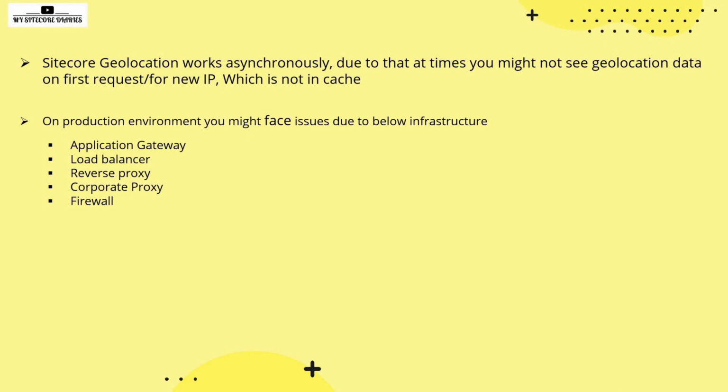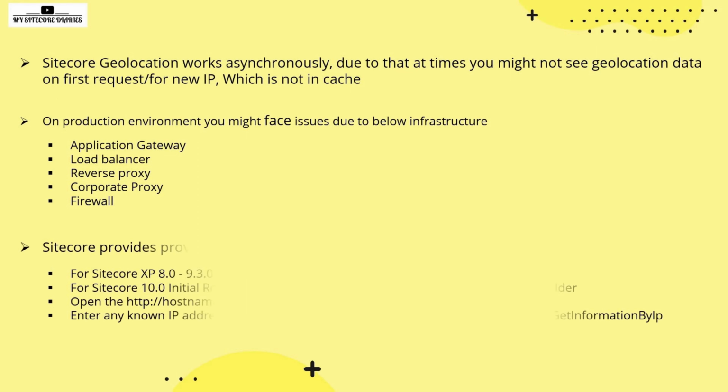We already saw that there are two domains which we need to whitelist. So you have to check the application gateway, load balancer, reverse proxy, corporate proxy, and firewall. All that infrastructure comes into the picture with a controlled environment. So these are the two things you might face when you integrate the GeoIP service.